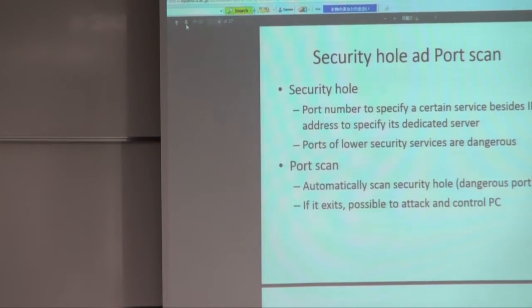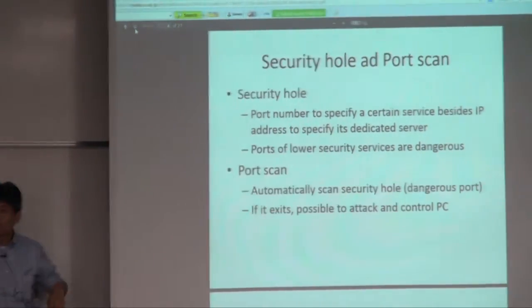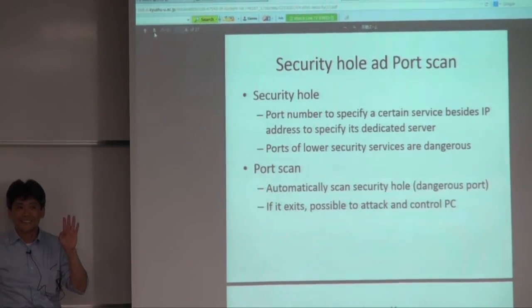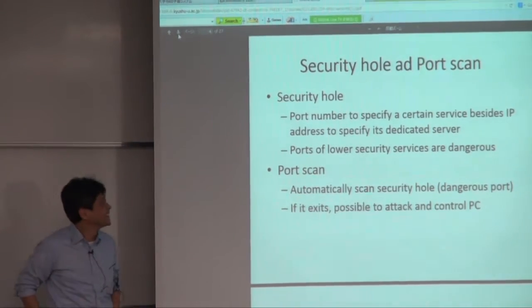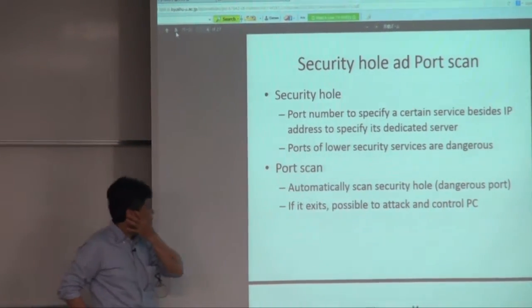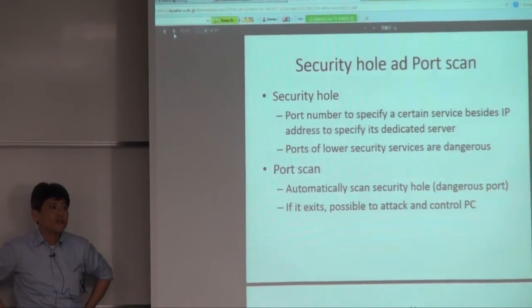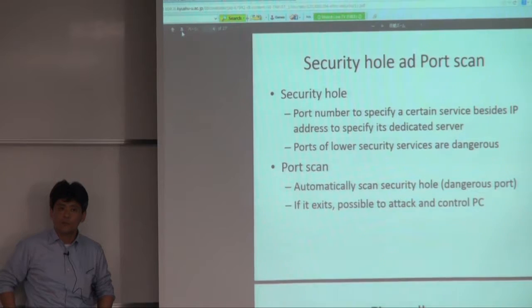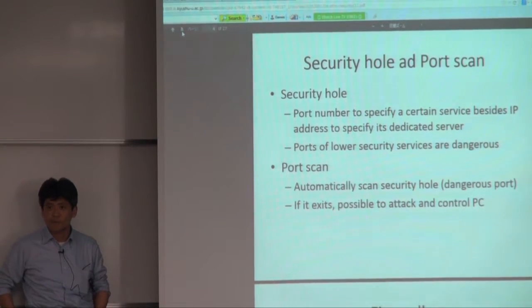This sheet shows the meaning of the security hole and port scan. Do you know security hole? No? Port scan? Have you ever tried a port scan? Whenever you access any services of the internet, such services are usually provided by server machines.